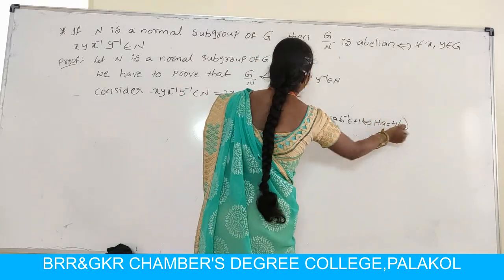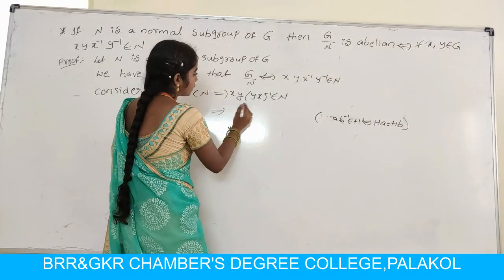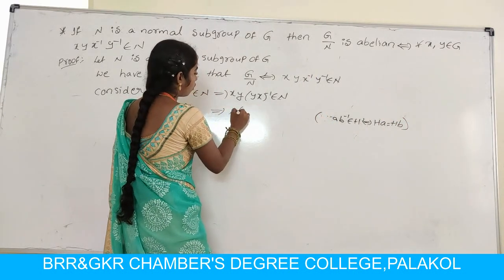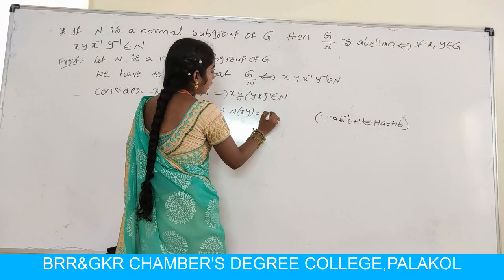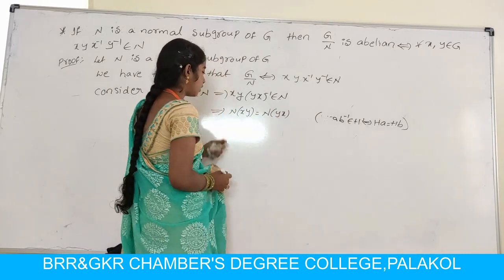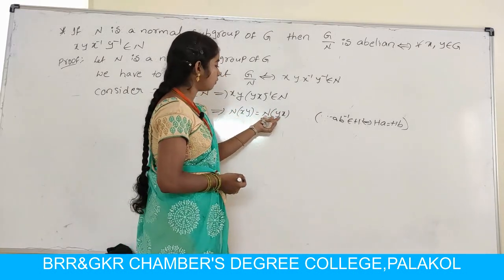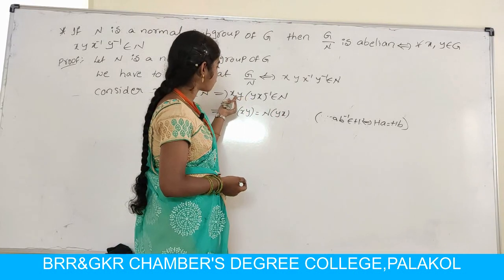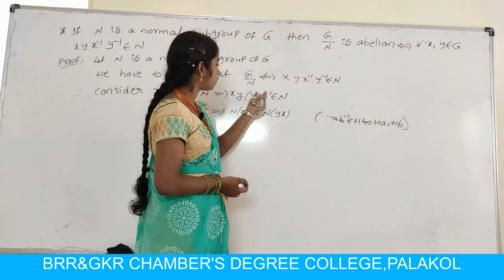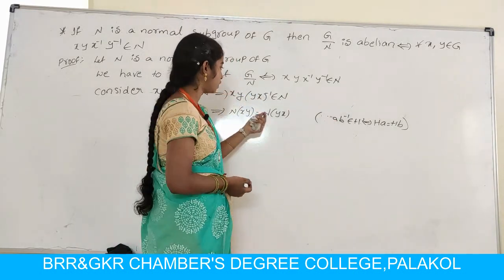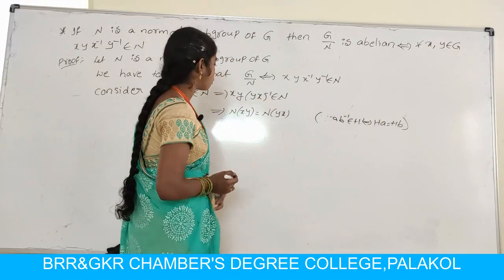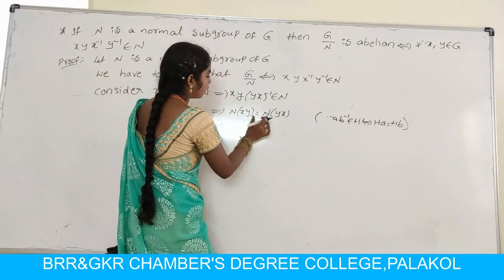So by using this theorem, H means N. So N of XY is equal to N of YX. So this is A, this is B. So A B inverse belongs to H can be written as HA equals HB, so NA equals NB.